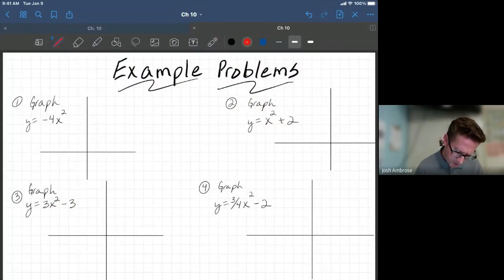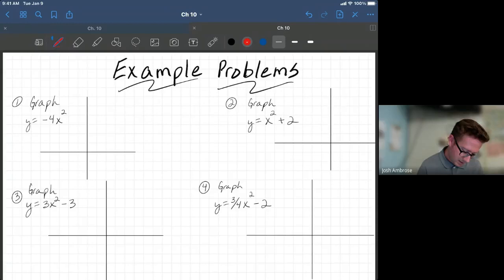So I'm going to start by recommending that we really just need to use 3 values. Let's get 3 values that we are going to plug in every single time into these equations, and then we're just going to connect those 3 dots to create the parabola shape. Let's keep it really, really simple here.